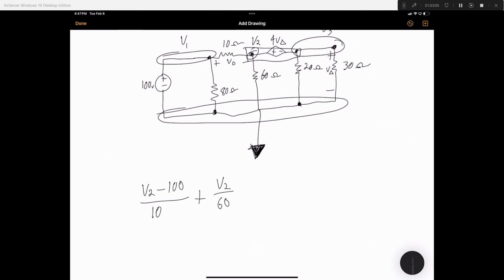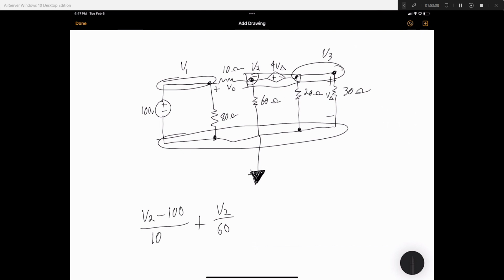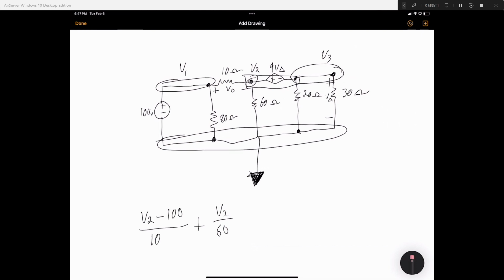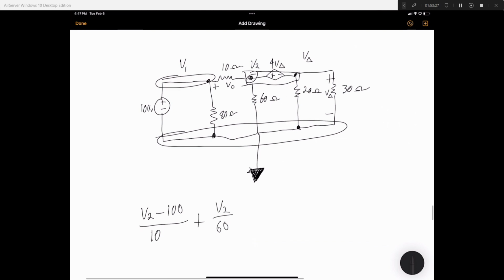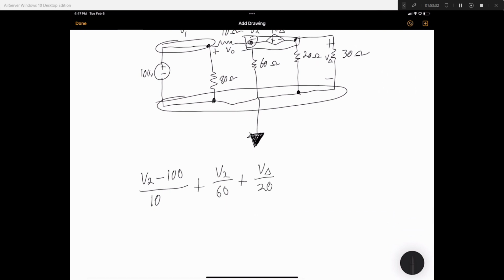I think the note is this voltage drop here from positive to negative, we'll notice that is given the value V delta. So we might as well call this V delta here. Alright. So plus V delta divided by 20 plus V delta over 30. Okay, it's our first KCL.